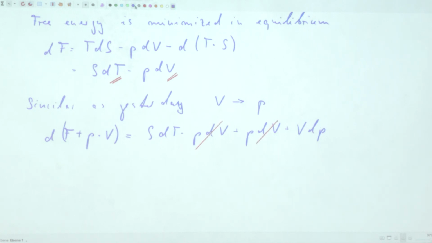This cancels out, and we get a function which is controlled by temperature and pressure, and this quantity we call the Gibbs free energy.